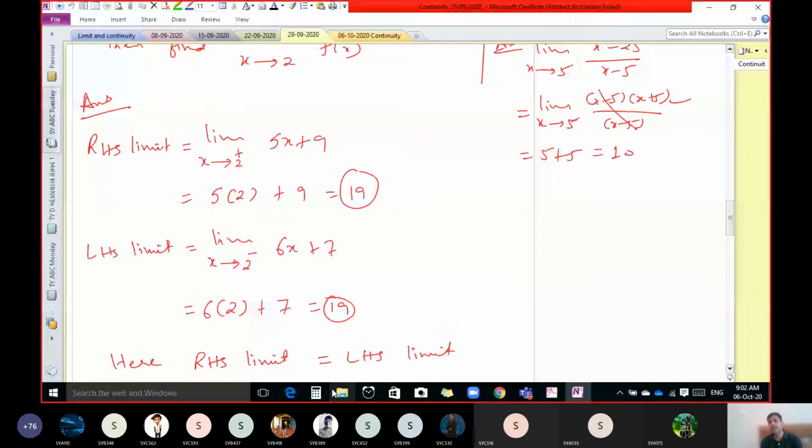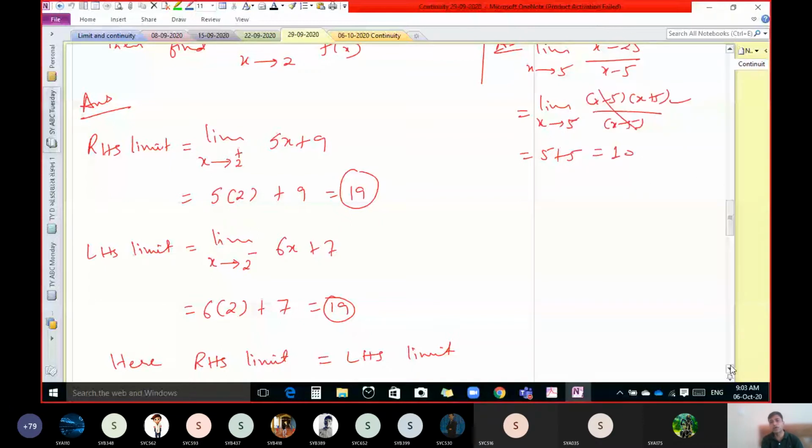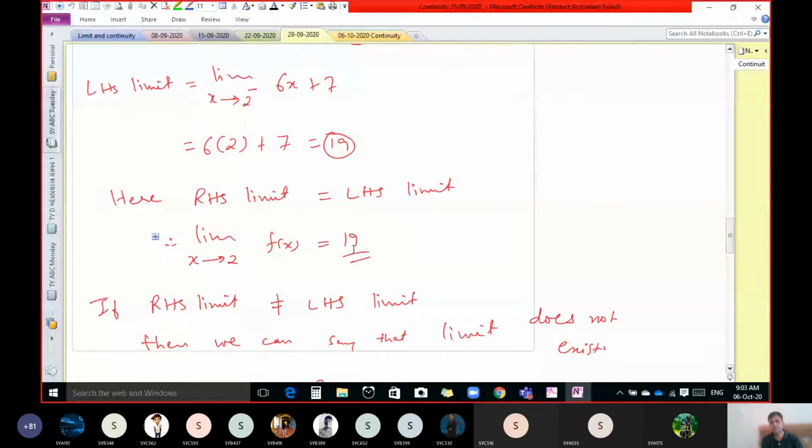So what is our answer? 18.99999, and 18.99999 we can easily write as 19. So here the left hand side and right hand side limits are both the same. If both the limits are the same, then we can say that is the answer for the limit. So for this question, limit x tends to 2 of f of x equals 19, that is the answer.